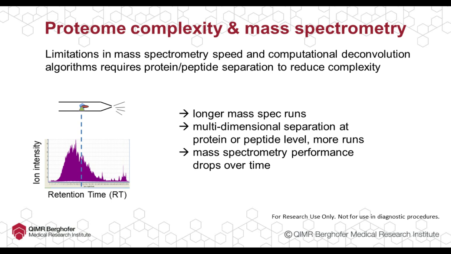Apart from the cost issue, another very, very important consideration is the performance of the mass spec. When you run a longer time, it's quite likely that the optics in the mass spec become more dirty due to the samples being run through, or for various reasons, mass spec performance may drop over time, and this really needs to be carefully monitored during the experiment to avoid variability that hasn't been accounted for.